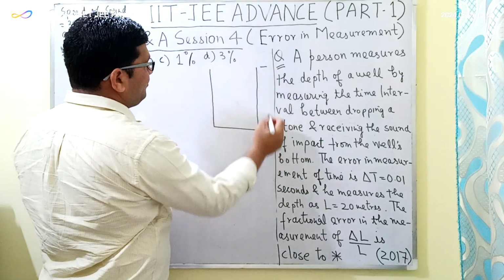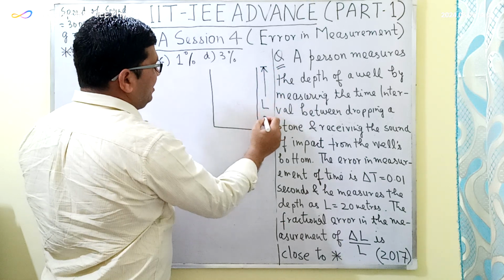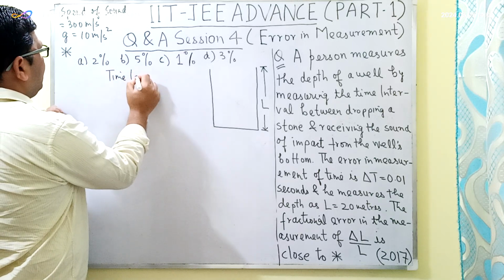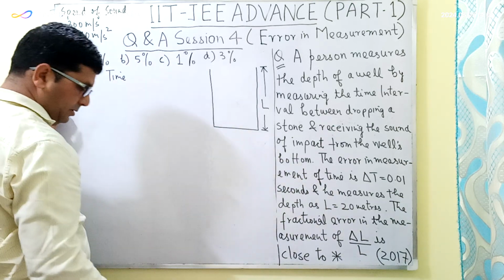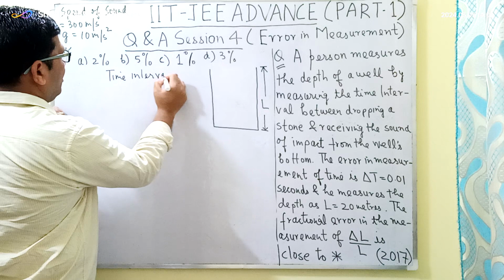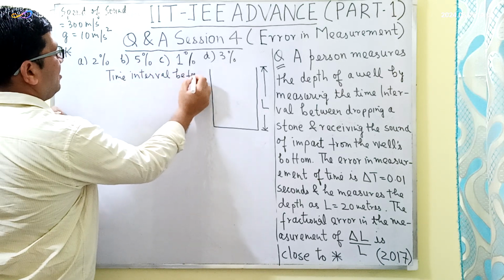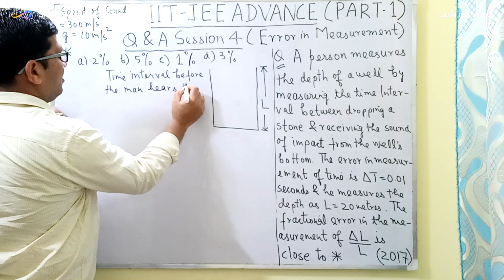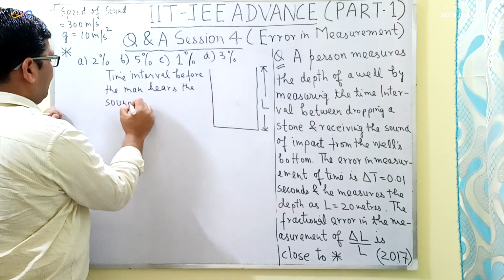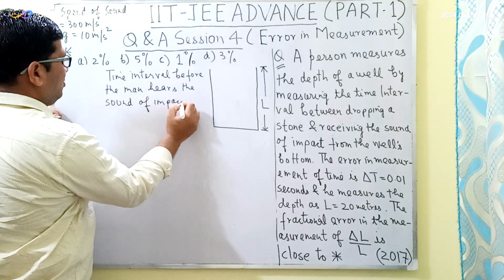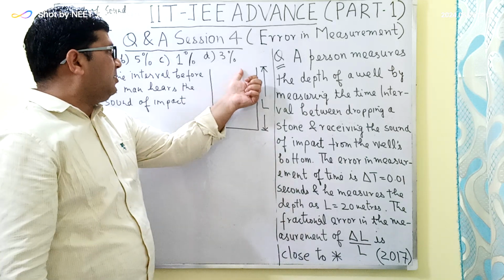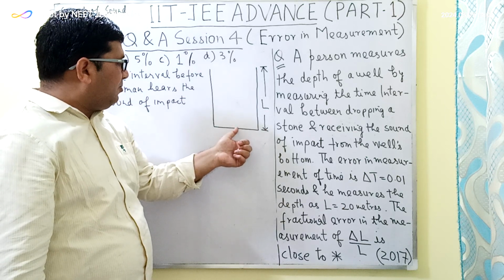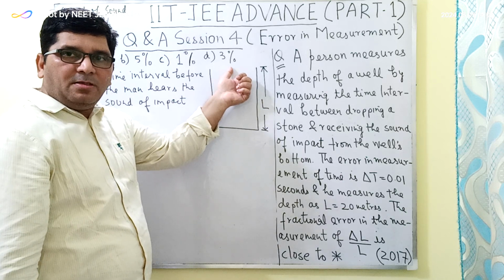So this is the depth of the well, which is given as L, capital L. So the time interval before the man hears the sound of impact will be equal to the time taken by the stone to reach the bottom of the well, and then the time taken by the sound to reach the man.